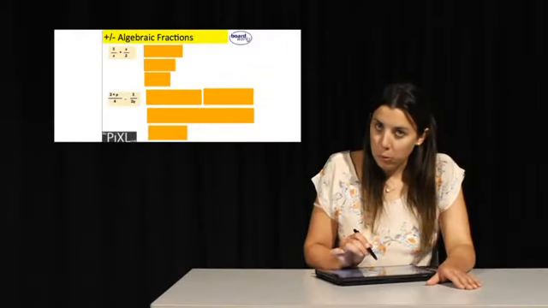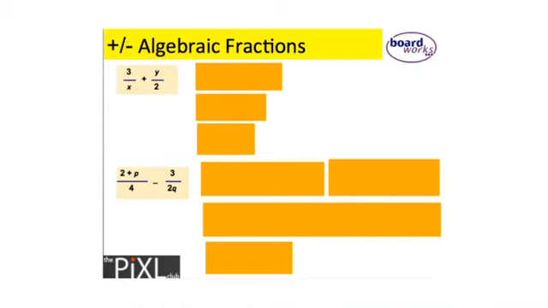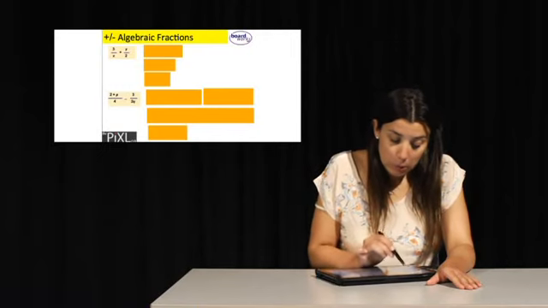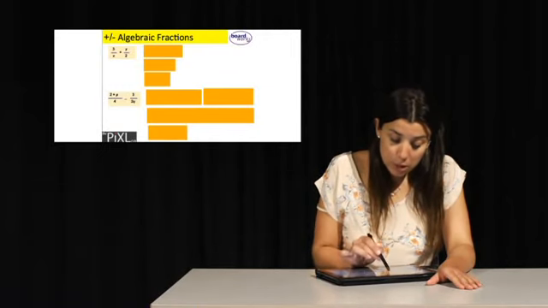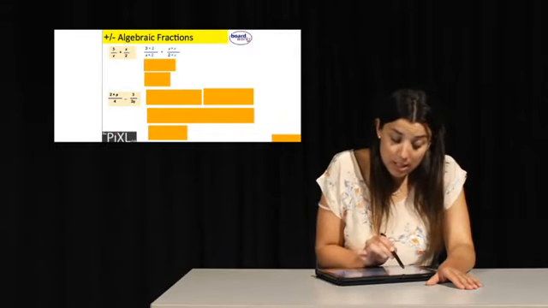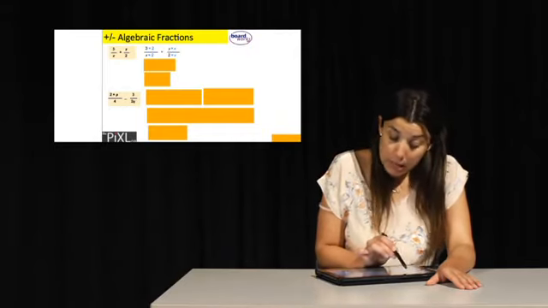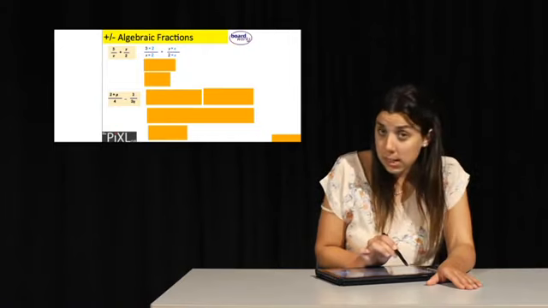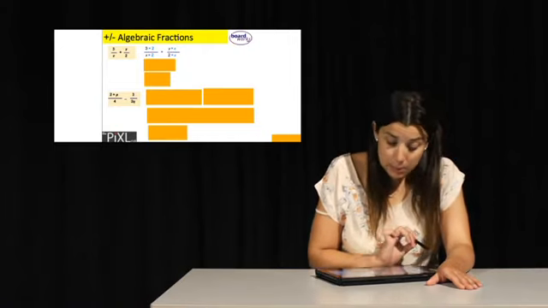The first example for adding, we have 3 over x add y over 2. We must multiply our first fraction by 2 and our second fraction by x. That's the denominator that's in the first fraction. It doesn't matter that it's not a number, we can still multiply our terms by x.